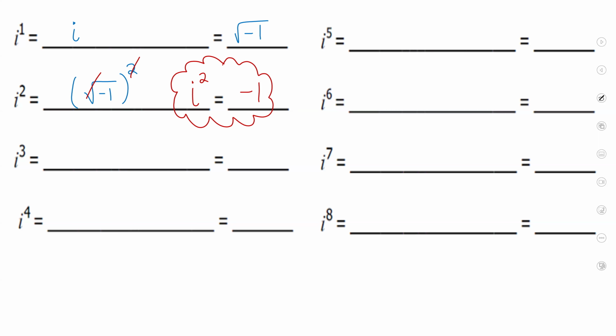We're going to use i squared for all of these. For example, for the next one, I have i cubed. That's just i squared times another i. That gives you 3 i's. i to the 4th, that's just i squared squared because 2 times 2 is 4.